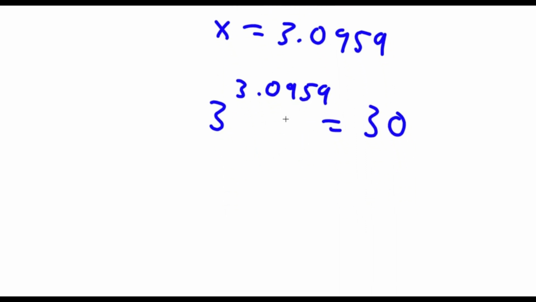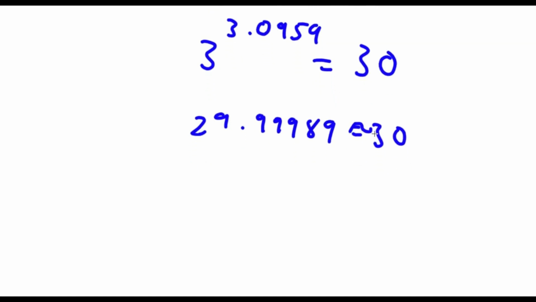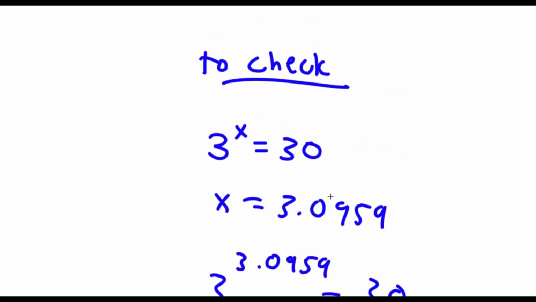Now 3 to the power of 3.0959, this is equal to 29.99989, and this is equal to approximately 30. So, meaning 30 is equal to 30. So our solution is right.